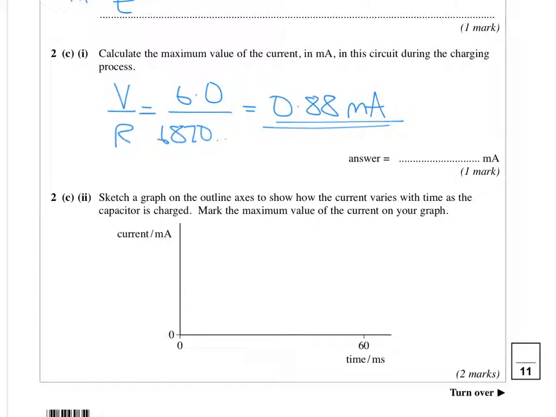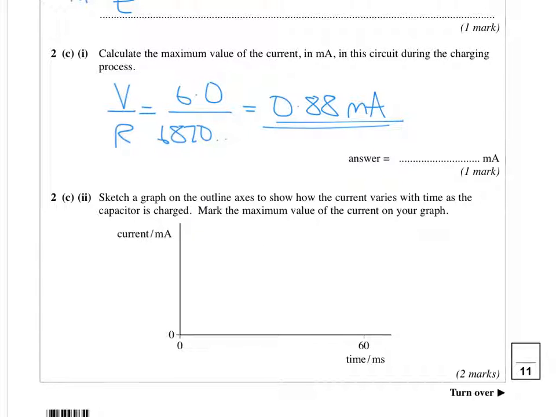So that would be the maximum current, and obviously this value at the top would decrease over time. It would be maximum initially and the current would decrease over time, which leads on to the next question. We're showing how the current varies with time as the capacitor is charged.